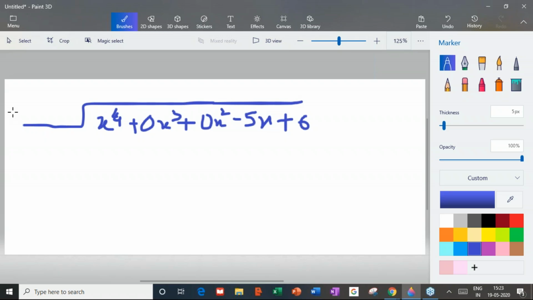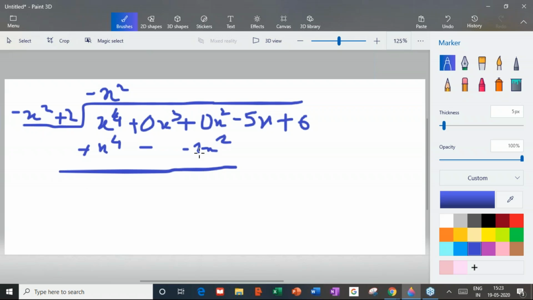And g of x will become minus x square plus 2 if you rearrange it. So for x to the power 4, there's already a minus sign here, so in order to get the correct value, you multiply by minus x square. Minus x square into minus x square will give you plus x to the power 4. The next term will be nothing here, and it will be minus 2x square, right?